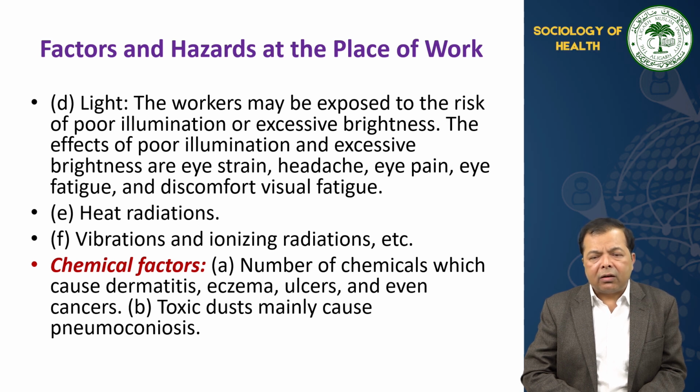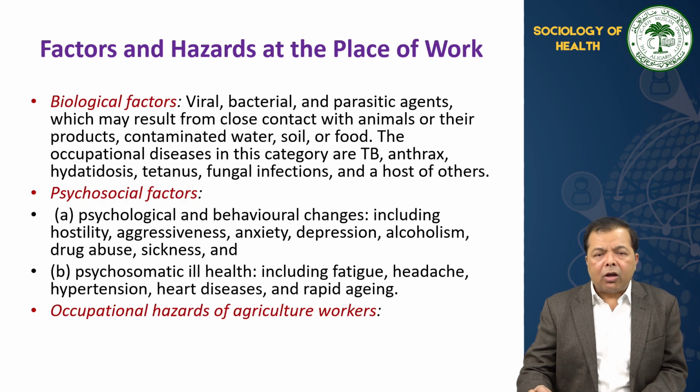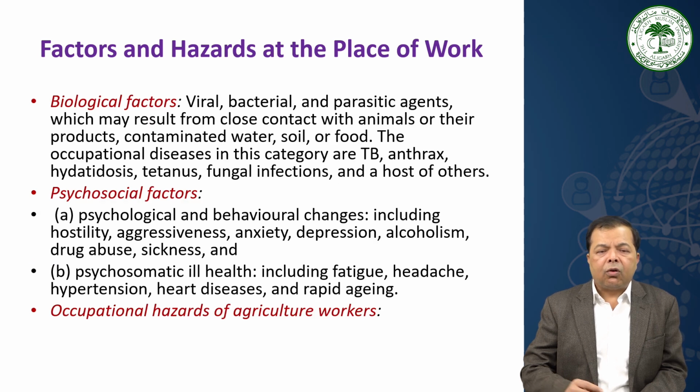Then the chemical factors, a number of chemicals which cause several complications like skin problems, then cancer, then ulcer, etc. So there should be some kind of understanding about these hazards, right? And then there are biological factors, then psychosocial factors, and occupational hazards of agriculture workers.